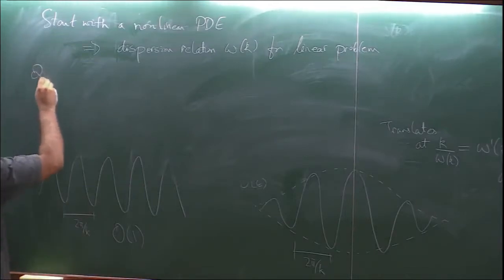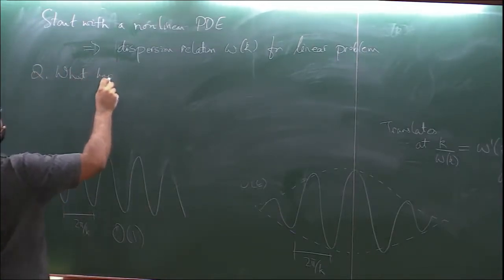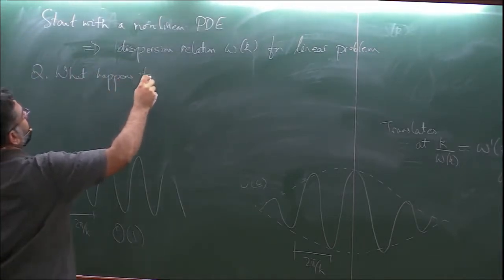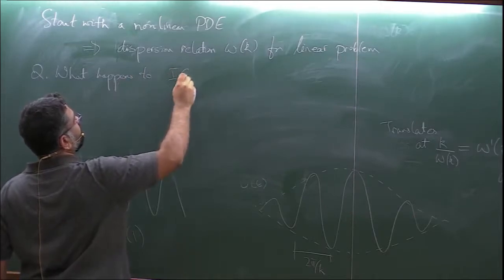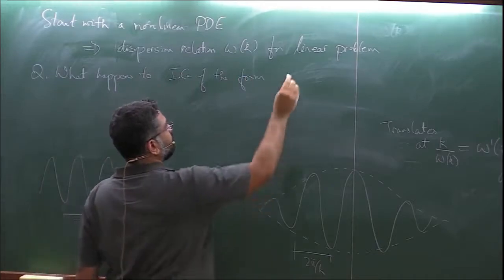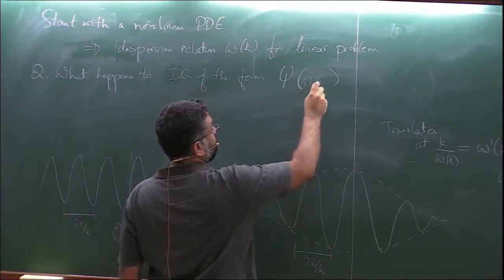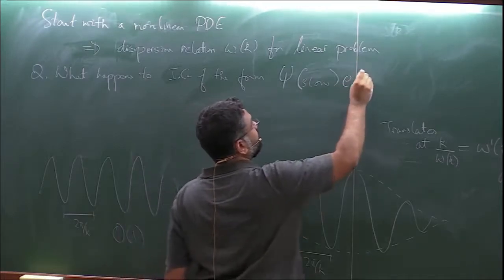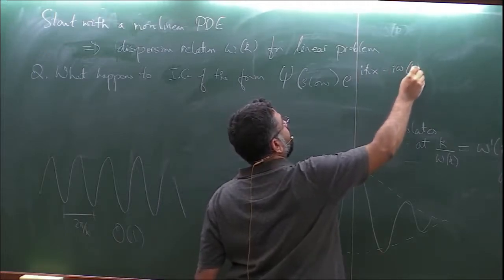And then you ask the question, what happens to initial conditions of the form psi, possibly depending on slow variables, e to the i kx minus i omega of k t.